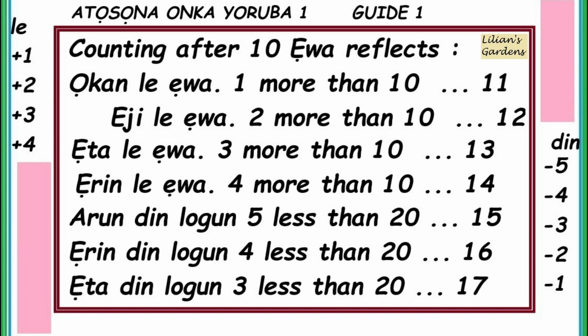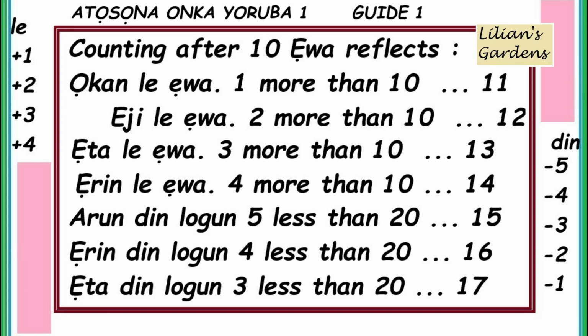Àrúndínlógún, that is 5 less than 20, is 15. Next, ẹ̀rìndínlógún, 4 less than 20, is 16. 17, ẹ̀tàdínlógún, 3 less than 20.